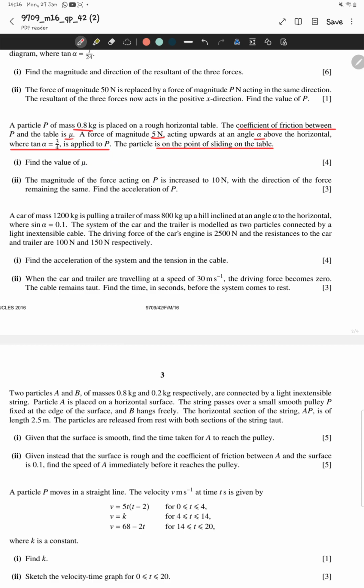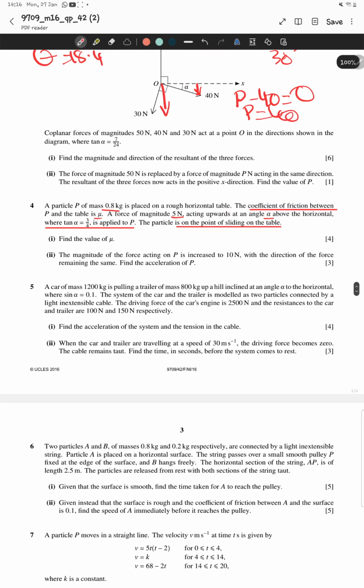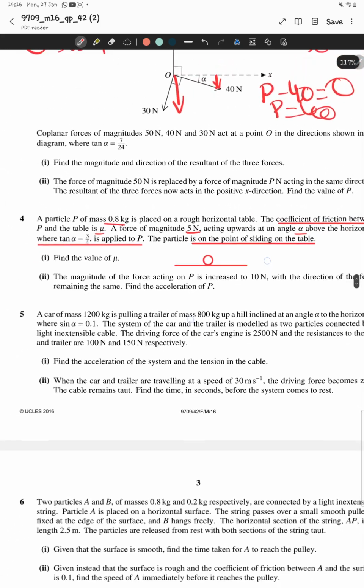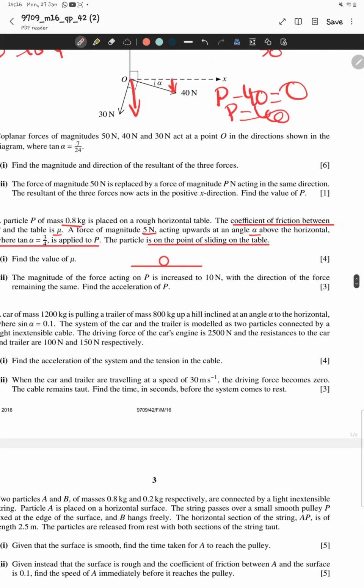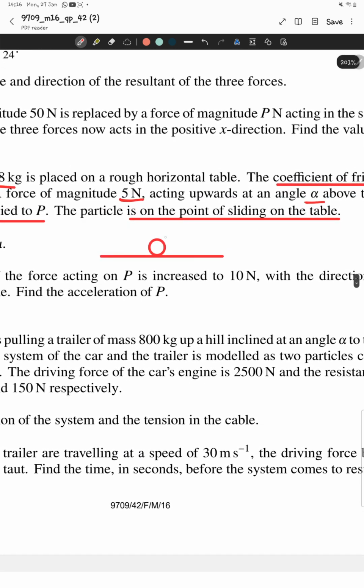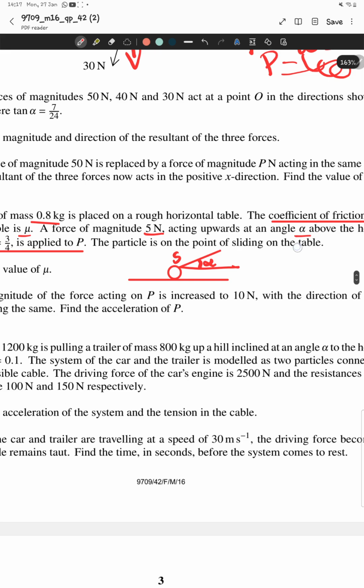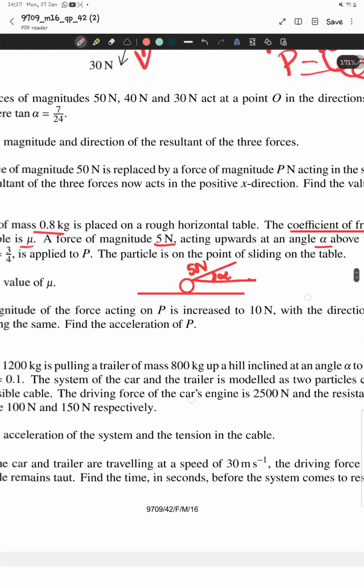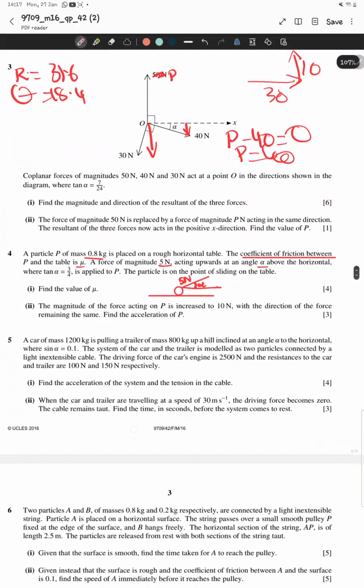So I guess we make a diagram here. We have a table here, a particle here, and you have a force of 5 newtons acting upwards at an angle of alpha, like this, where tan theta is 3/4.